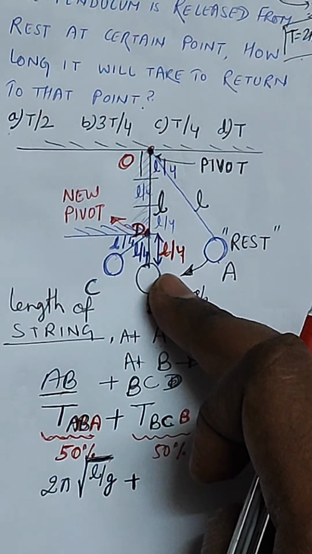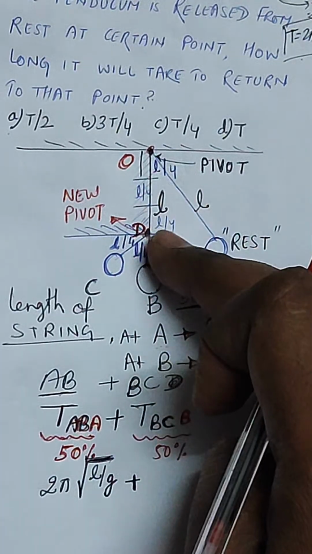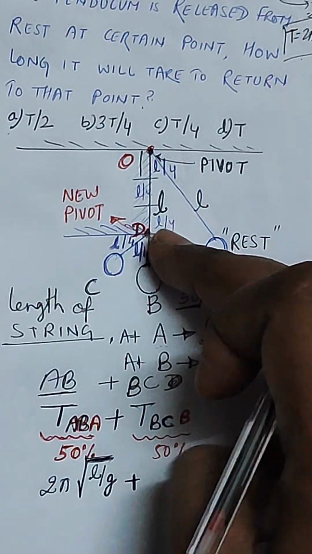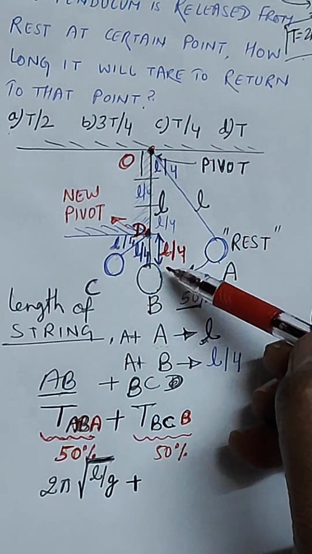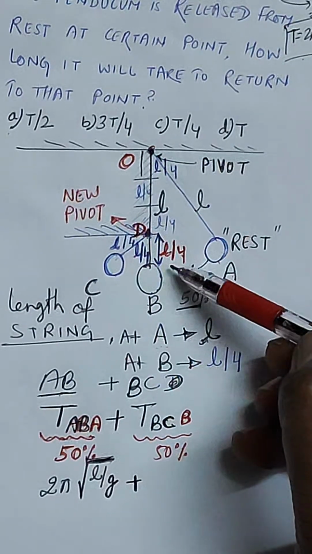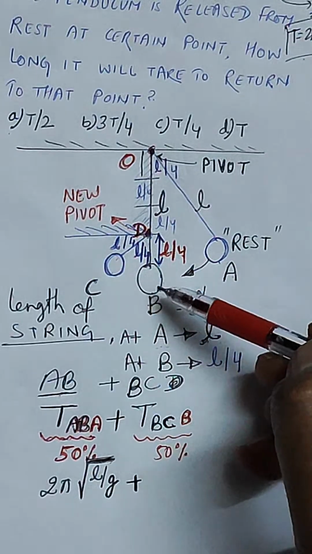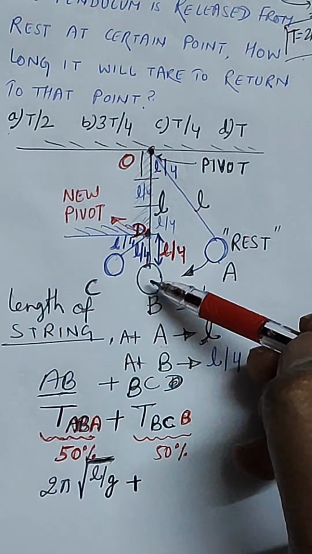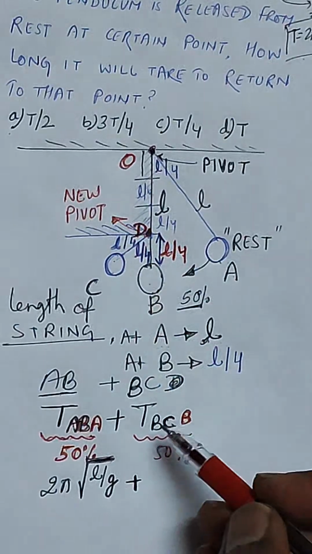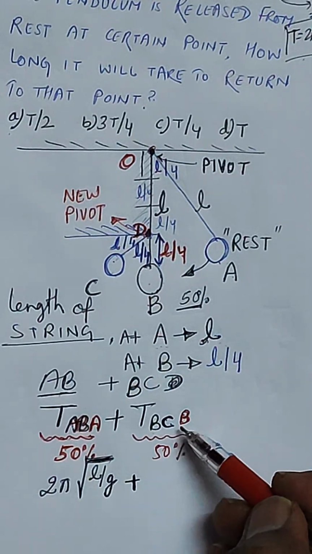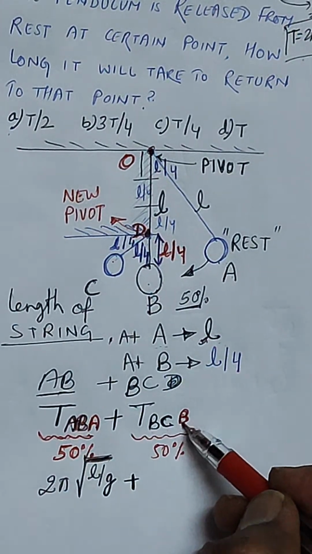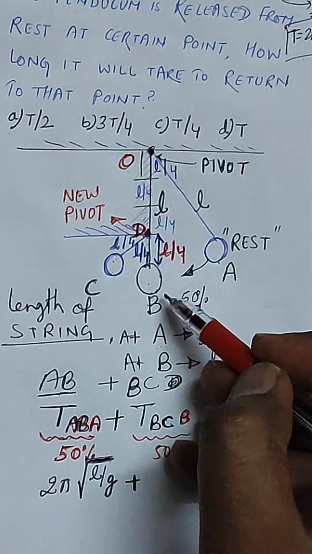After this, 3/4 of the length of the string is restricted, and now the new length will be L by 4 only. With this L by 4 it will go to C, then return back from C to B, so B, C, B. So this will cover 50%.